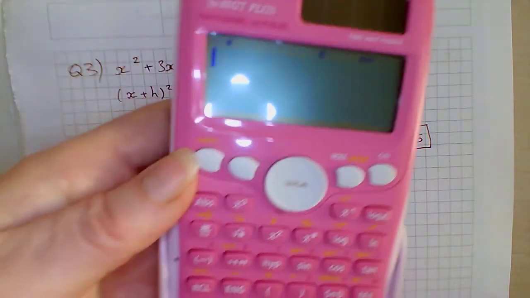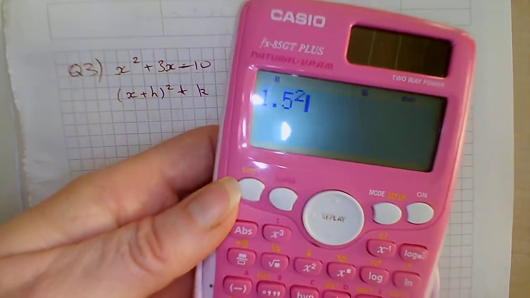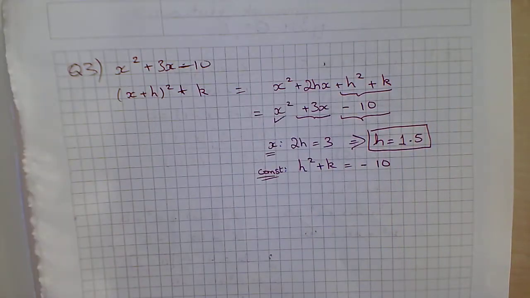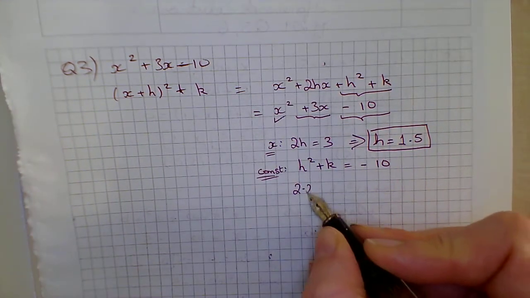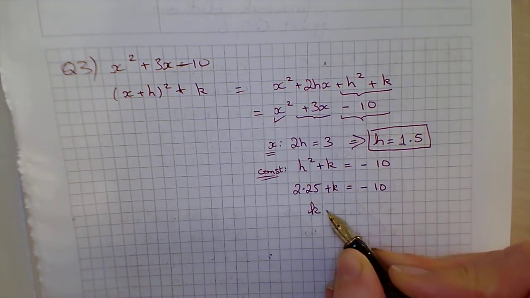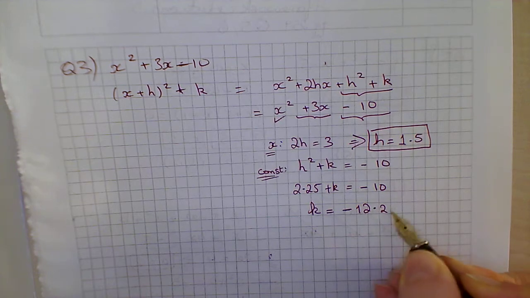Let's just double check it. So 1.5 squared is 9 over 4 or 2.25. So 2.25 plus k is equal to minus 10, and k is equal to minus 12.25.